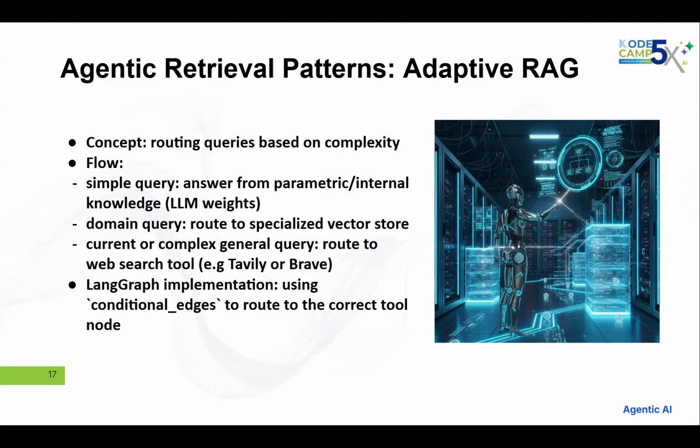And if the information is okay, it just goes to write the draft based on the critique. But if the information is not enough, it still goes back to a web search. But first of all, it would transform the prompt to try to get a prompt that will most likely give more relevant information.